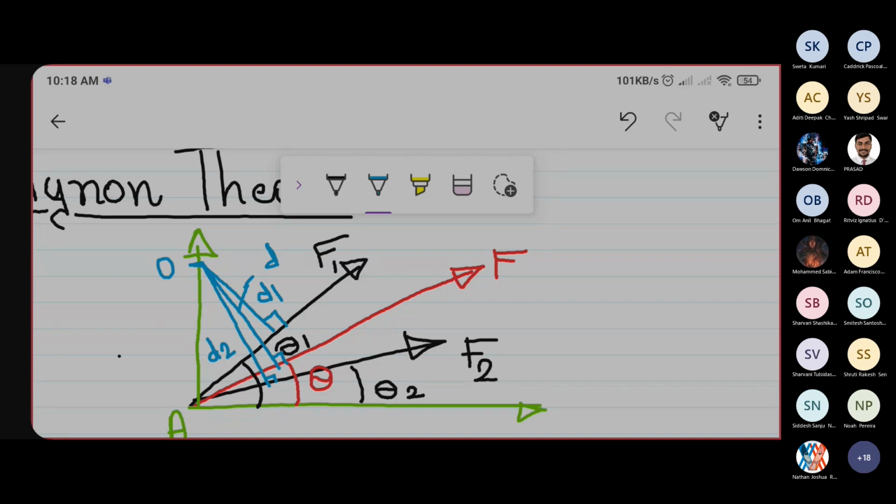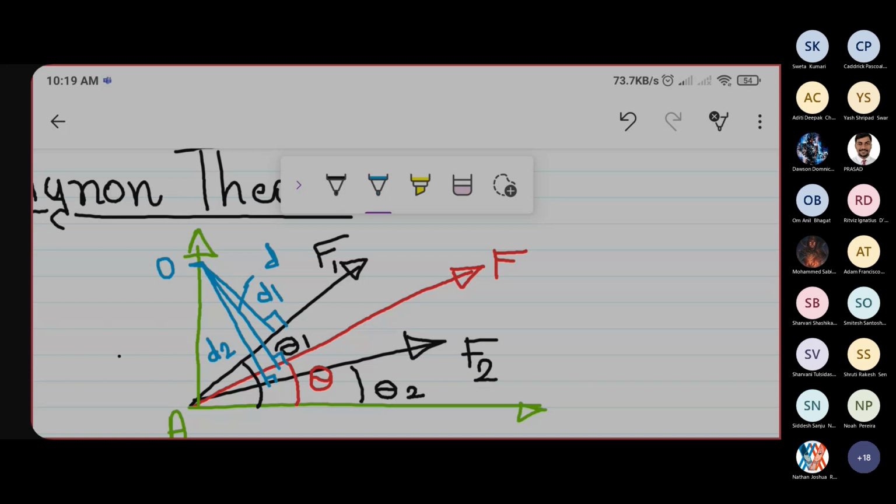So what is the procedure? We consider a point A on which two forces are acting, F1 and F2, making angles theta 1 and theta 2 with respect to the x-axis. Let F be the resultant of these two forces, making an angle theta with respect to x.